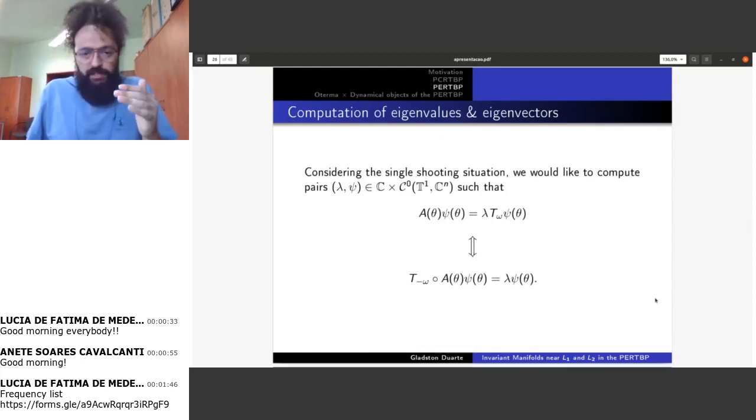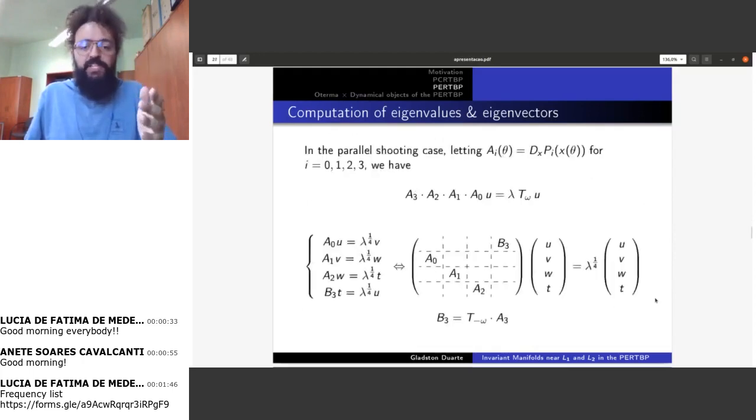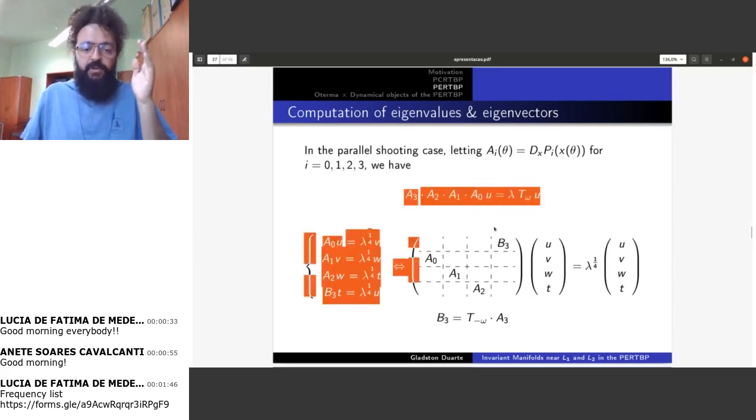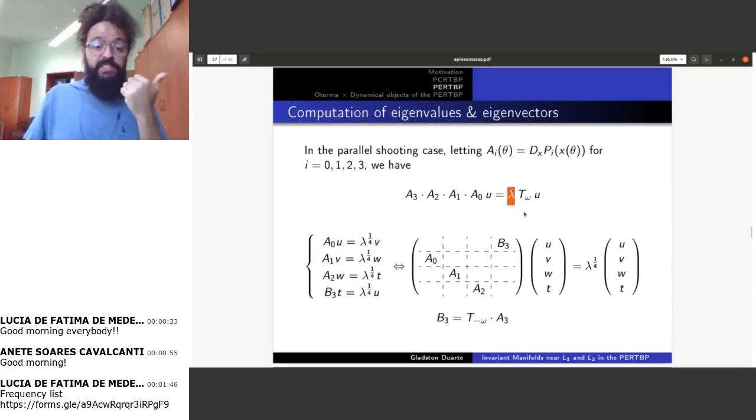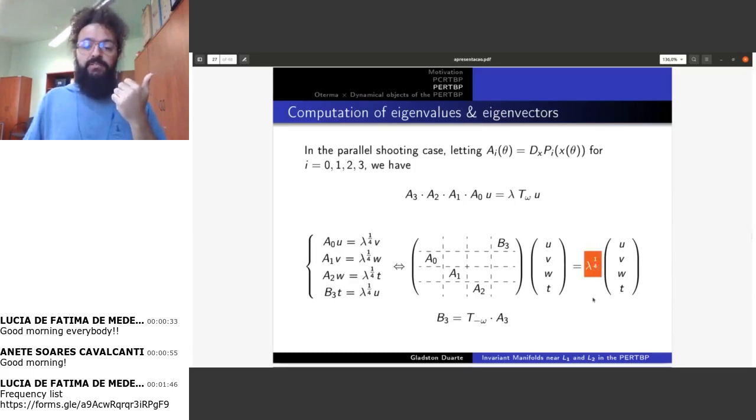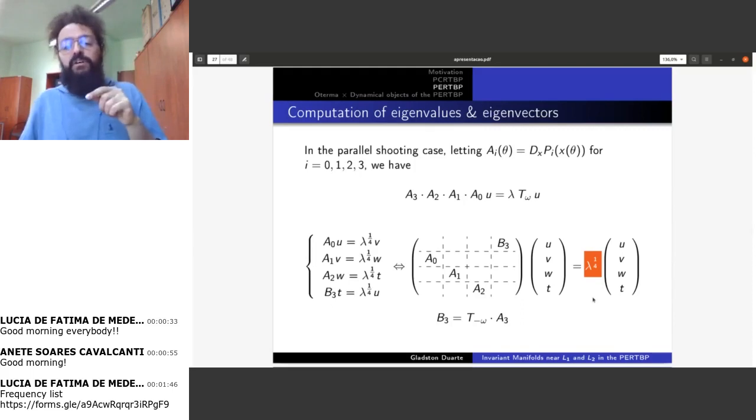And again, this is standard. The instability we have here, this number I mentioned, 10 to the 6, now turns out to be the 4th root of it.